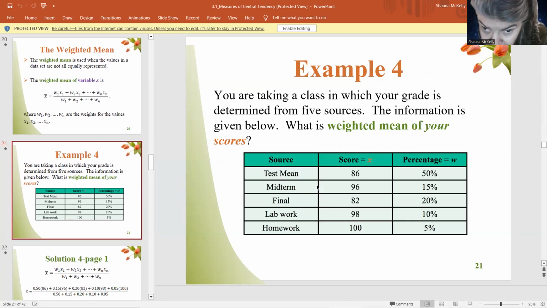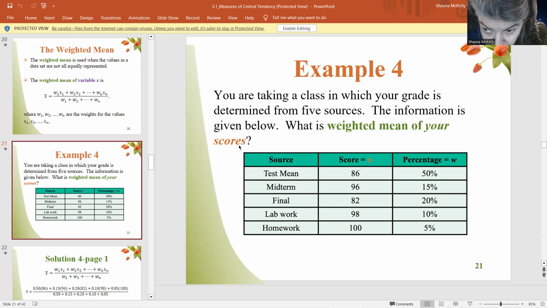now, you are taking a class in which your grade is determined from 5 sources. The information is given below. What is the weighted mean of your scores? If you see the problem worded this way, weighted mean of fill in the blank. Here it's your scores, and she highlighted the word.